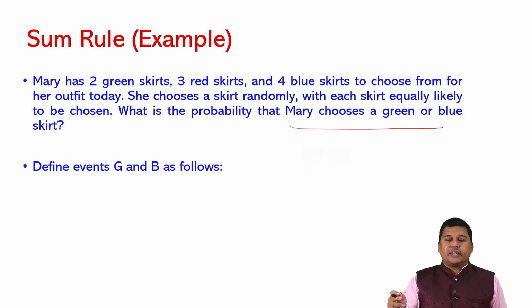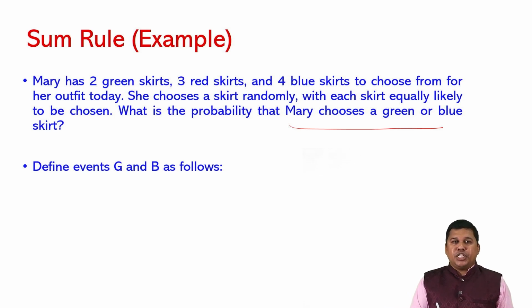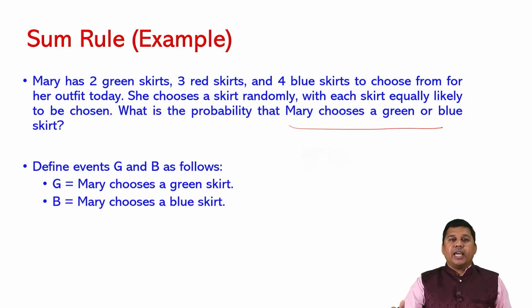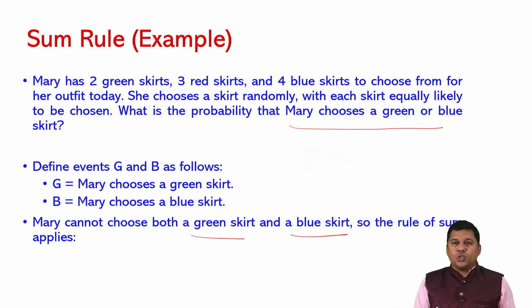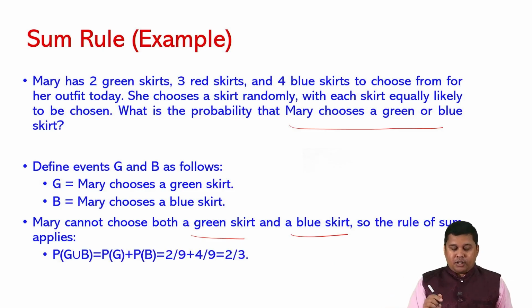Let us define two events. Let event G be Mary choosing a green skirt and B be Mary choosing a blue skirt. Then Mary cannot choose both a green skirt and a blue skirt, so the rule of sum applies here. What is the formula here? There is no common part.